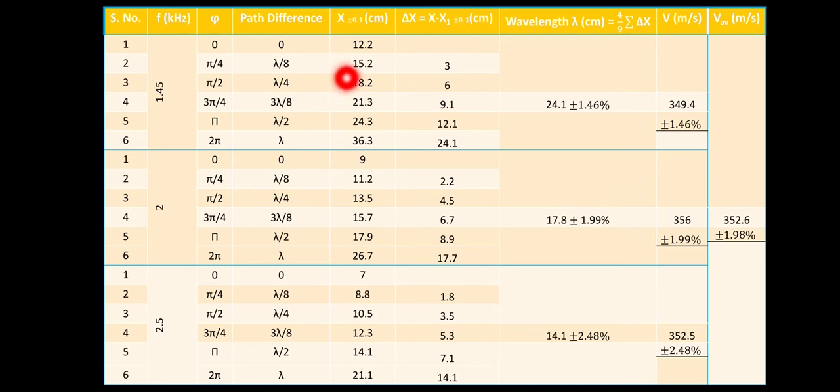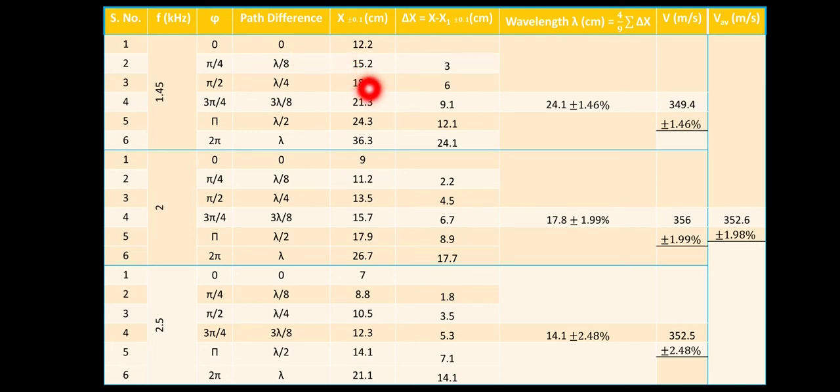So this is not the same as the path difference being 0; after some distance the path difference will again go to 0. After some distance again the path difference goes to 0. The sine function has a time period. So after some distance the path difference will again go to 0.